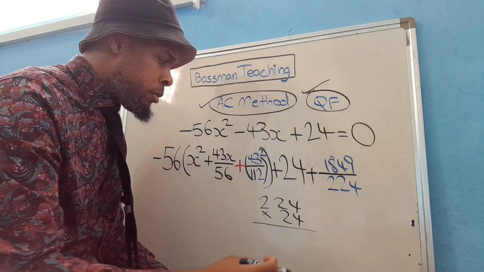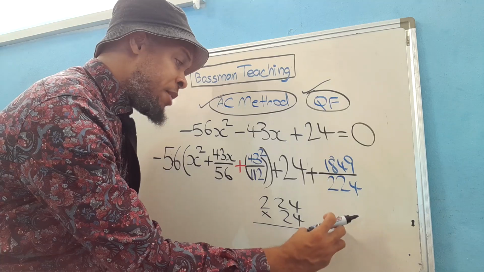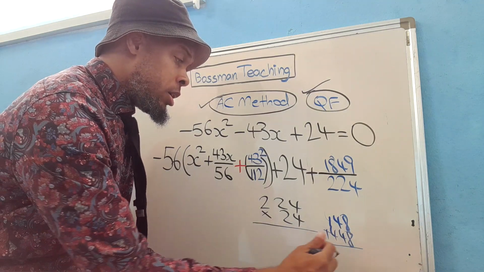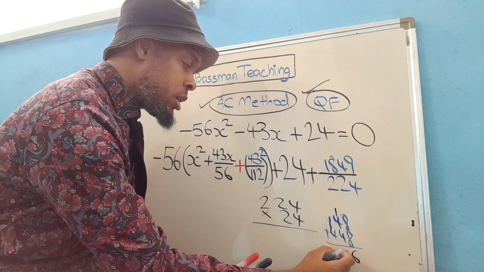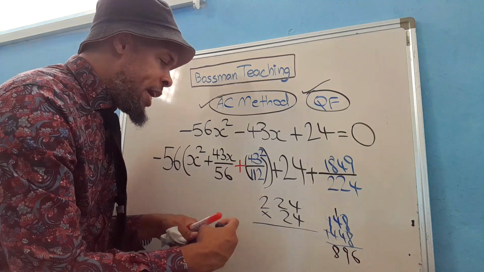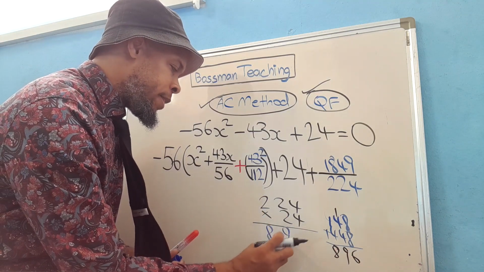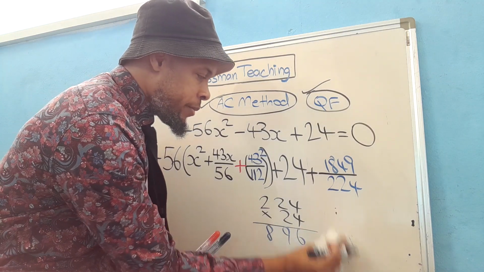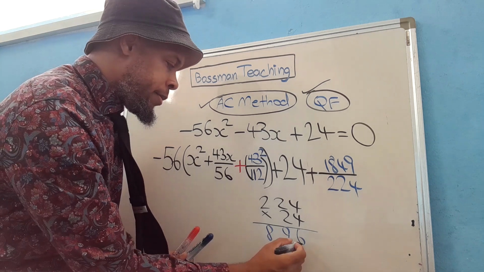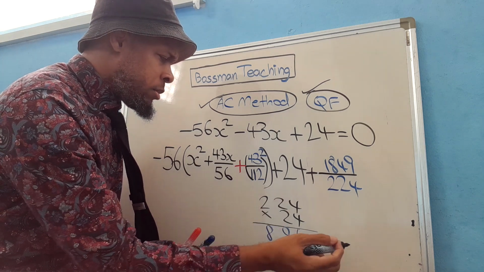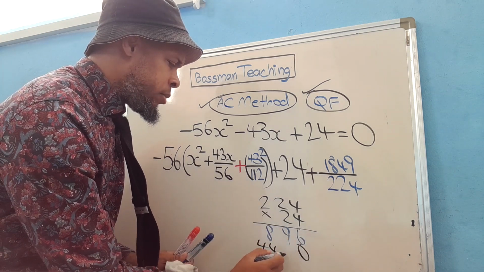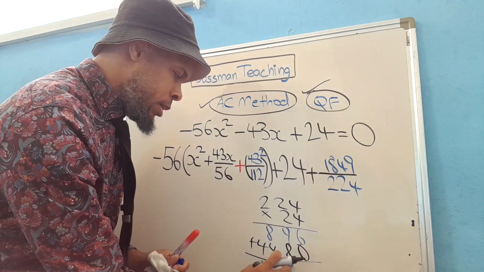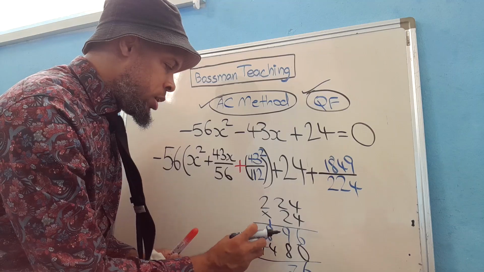Let's see now. 448 plus 448. So that will be 896. Right? So we have that. 448 again. So now 7 here.